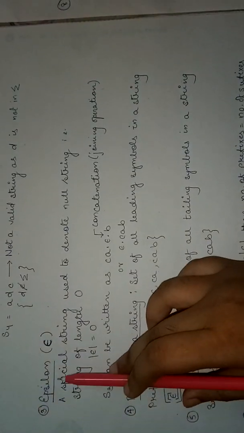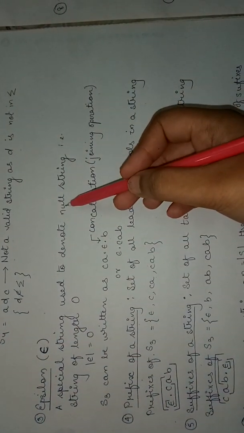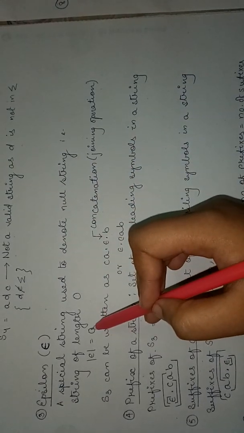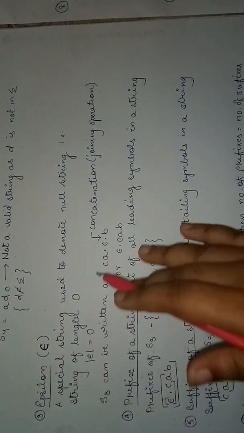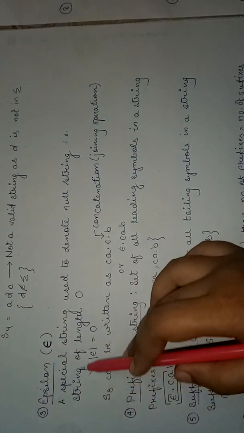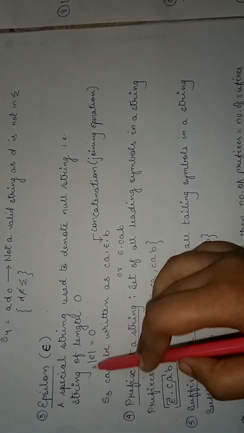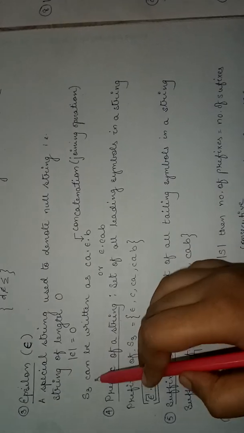Next, epsilon. Epsilon is a special type of string used to denote the null string. Null string means the string with length 0. It is just an empty string. So the cardinality, that is the number of characters in epsilon, is 0.